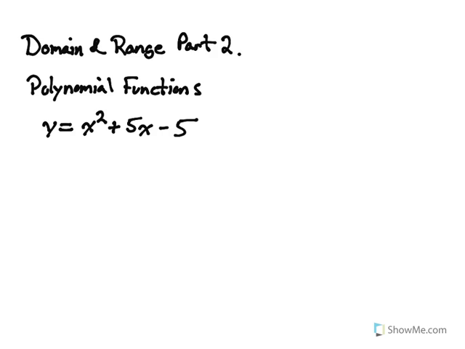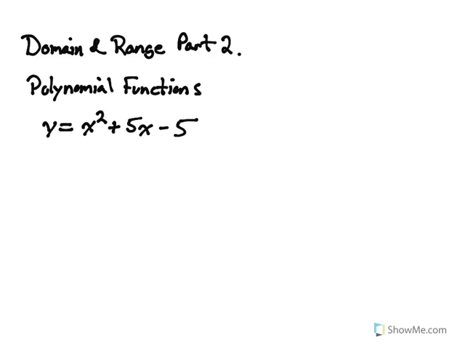Fractions and square roots will have restrictions. But if you have a function that is not a fraction or doesn't have a square root operation in it, then it's going to be unlimited choices that you can put in for the value of x.